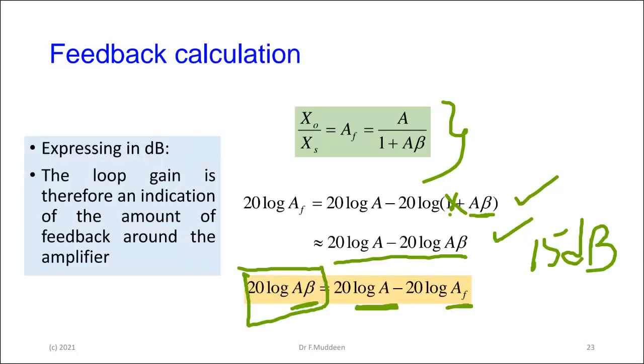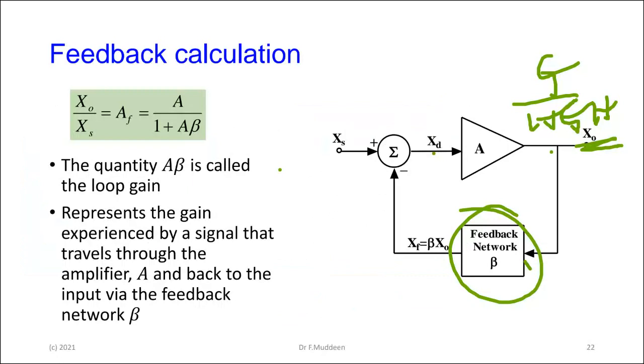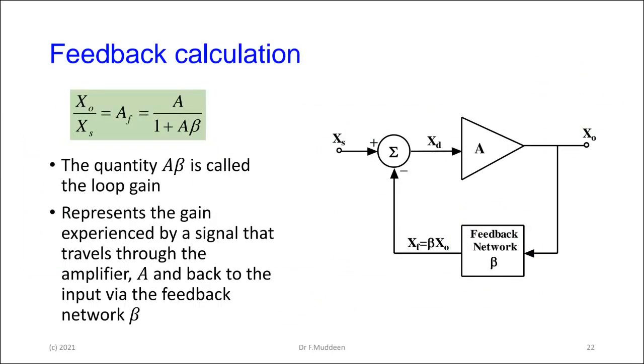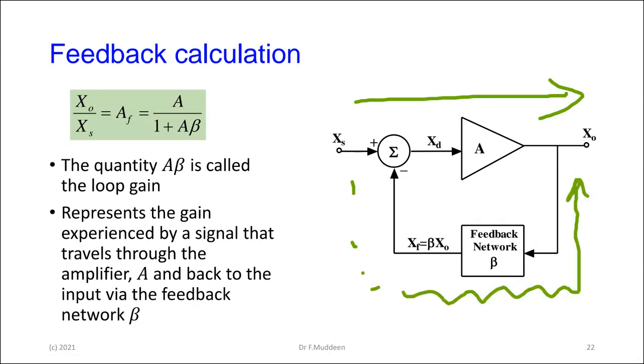If you have the amplifier here, the signal going from input to output must only go through the amplifier. In other words, it can't go that way. So the first thing is that the signal from the input must only go through the amplifier on the way to the output.